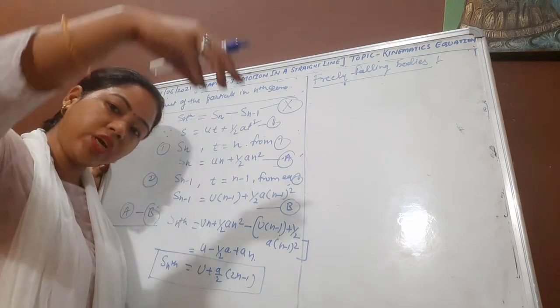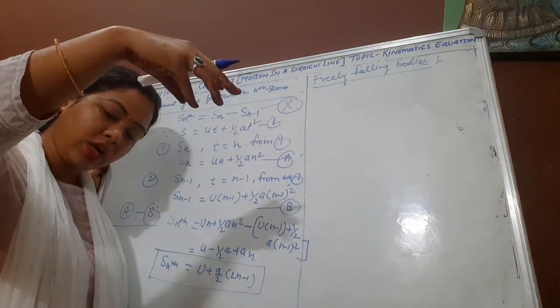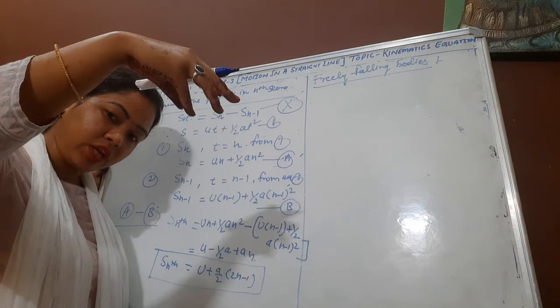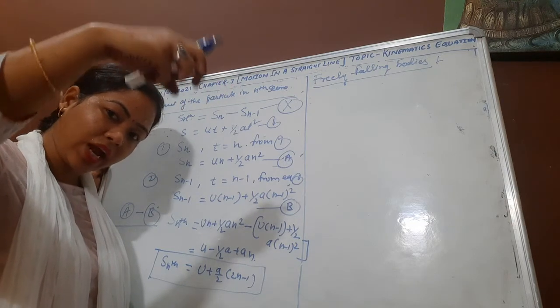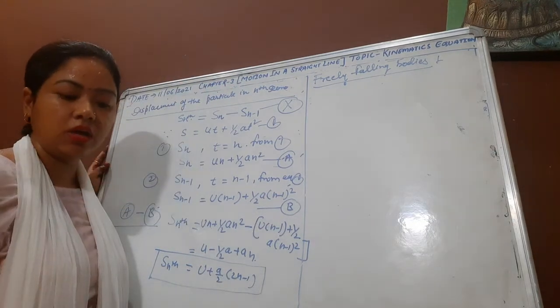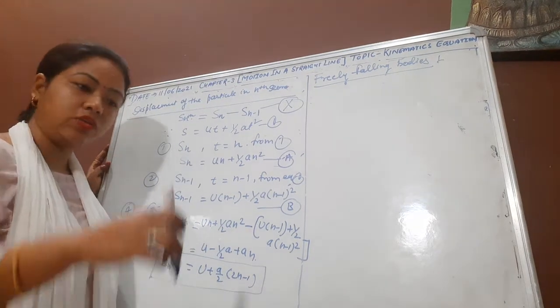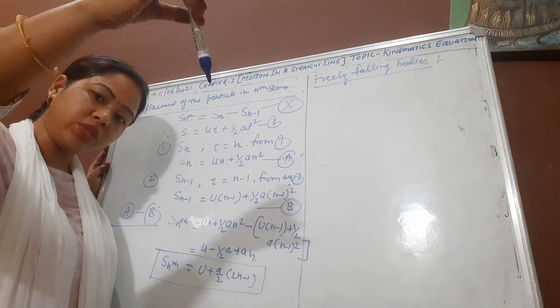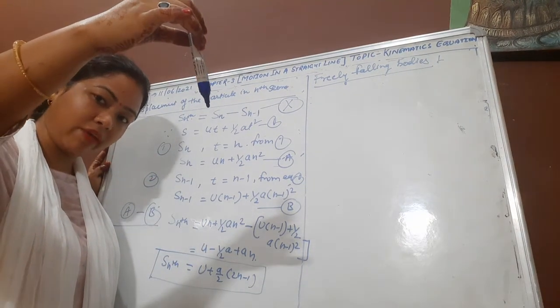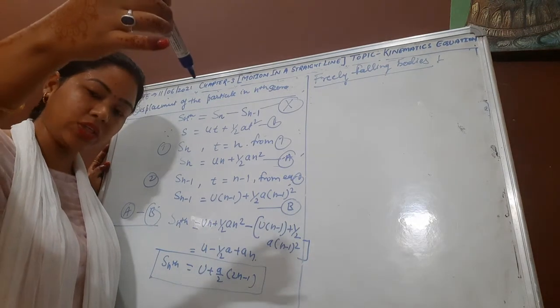That means whenever we drop any object under the effect of gravity from a certain height, that type of motion is defined as free fall, right? So whenever we drop any ball from a certain height under the action of gravity only, but not out of the action of gravity.